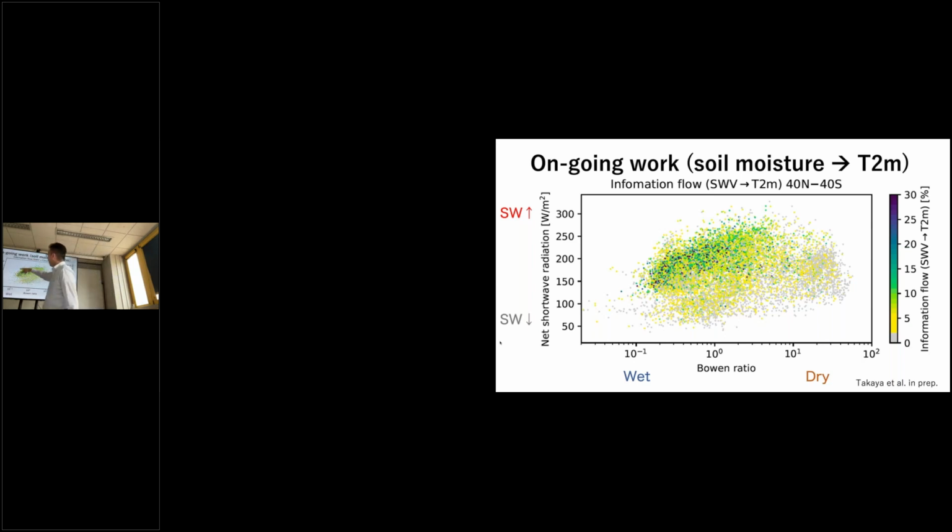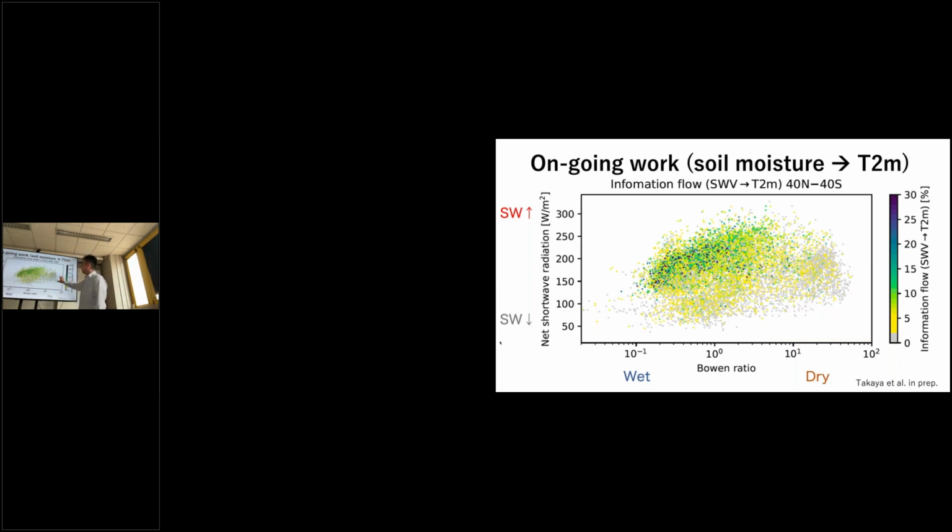And the y-axis is the net shortwave radiation. And this figure shows a very interesting feature. First, if we look at the dry regime, we see the gray or yellow color.